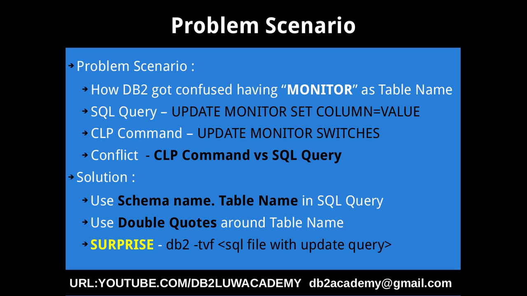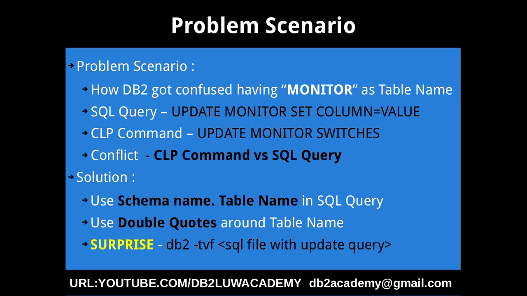So the conflict comes between these two. The DB2 command interpreter gets confused whether you are trying to execute a CLP command or an SQL query. That is the root of the confusion here.